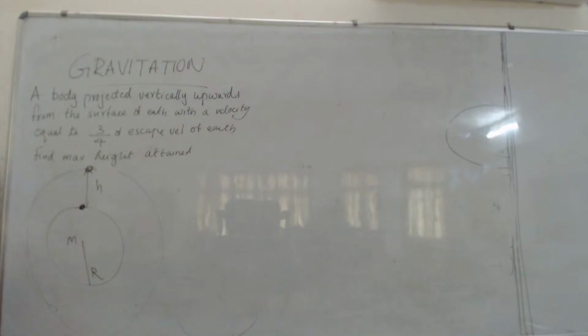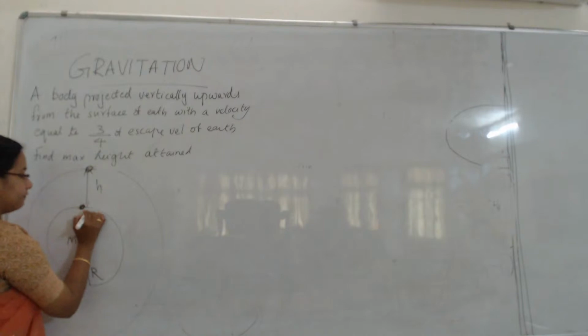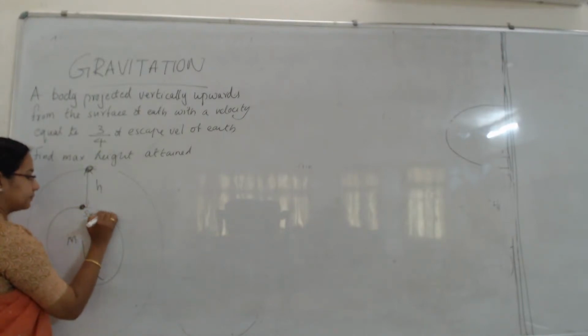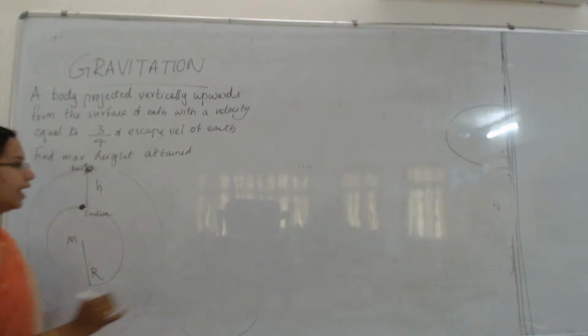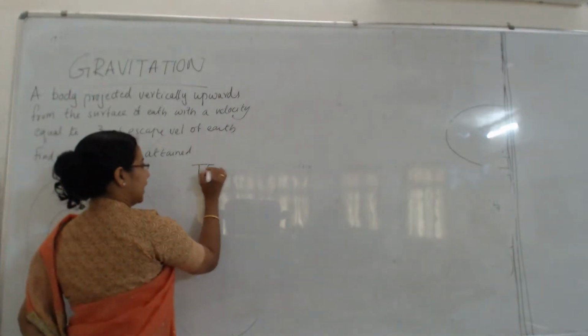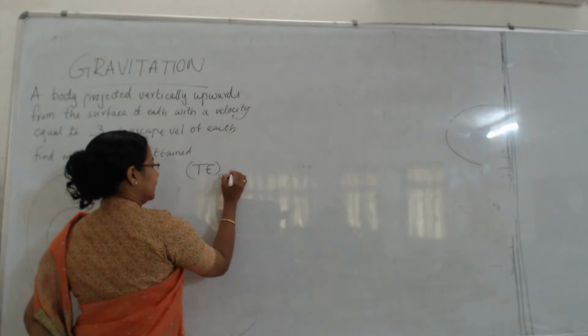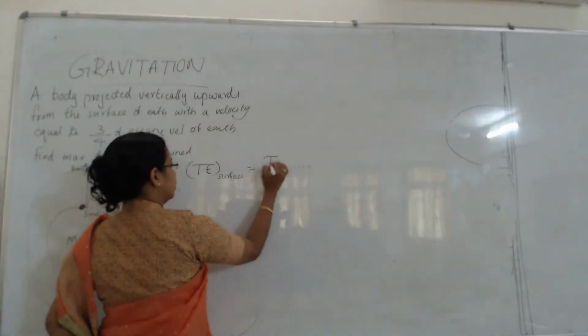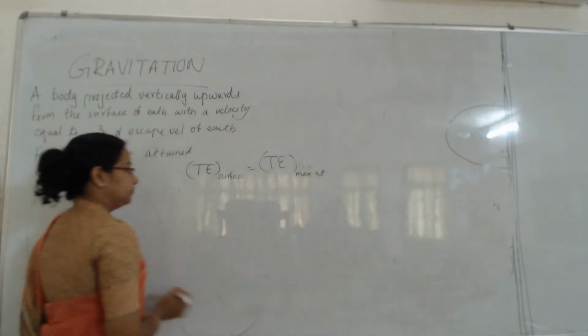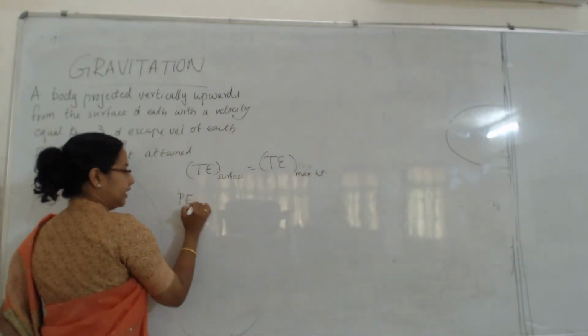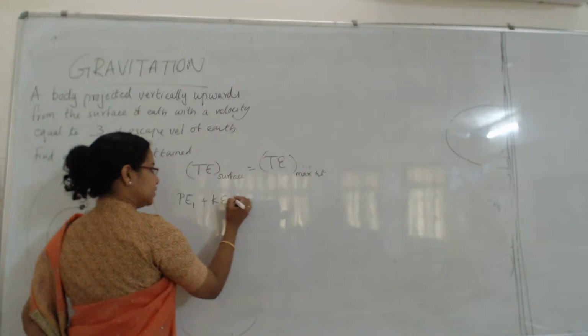Remember, in all the cases, the law of conservation of energy is valid. So at the surface, and at the highest point, I can write the total energy at the surface should be equal to the total energy at maximum height. At the surface we have potential energy plus kinetic energy.